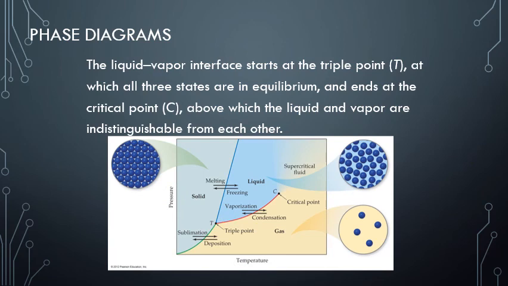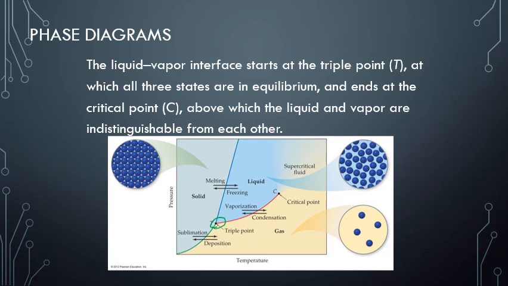You can see that the liquid-vapor interface, or the phase change between the liquid and the gaseous states, starts at our triple point right over here, and then it is this red line between T and C, where we have the critical point above which the liquid and the vapor are indistinguishable from each other. So we have what we call a supercritical fluid at that point. You have a certain temperature above which you would not have the liquid state or the gaseous state existing; it'd be a mix of the two.